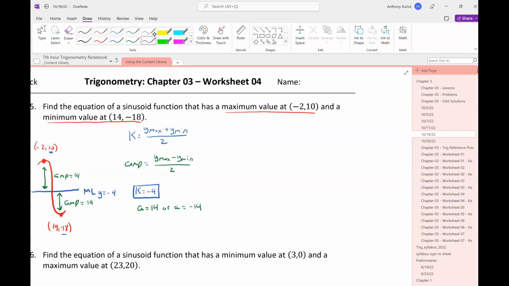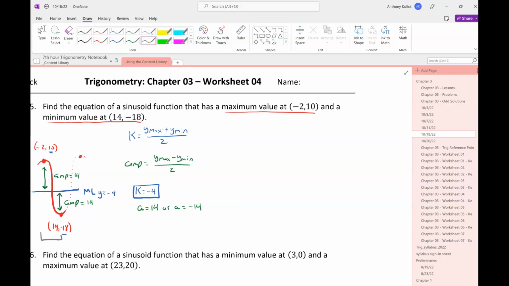Okay. The next thing I'm going to worry about is the period. Now notice that what I've drawn here isn't a full period, right? My period would end once we get back to another maximum. You guys agree with that? The solid red part that we've drawn, how much of a period does that look like?